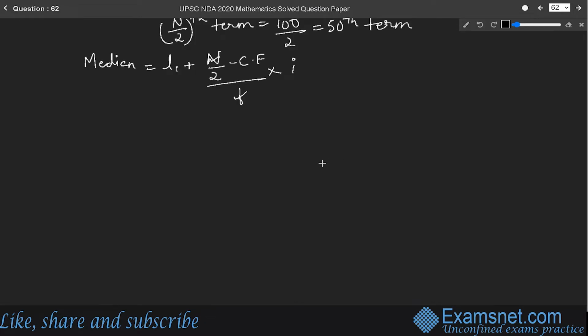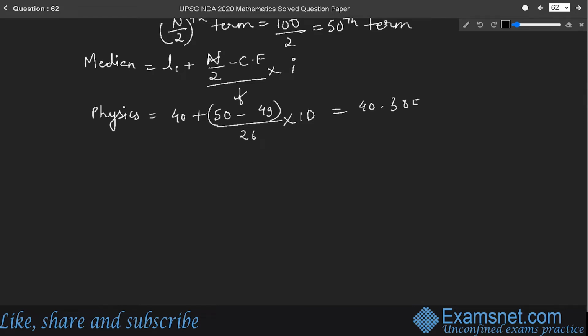So first let us find the median for physics. For physics it will be equal to 40 plus n by 2, which means 50. 50 minus 49 upon 26 into 10. On further solving it will be equal to 40.385.